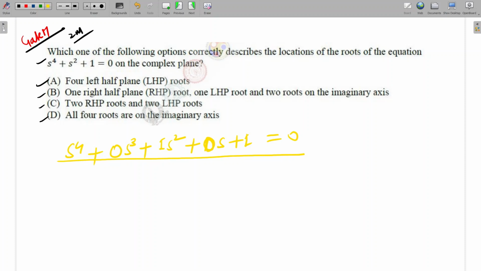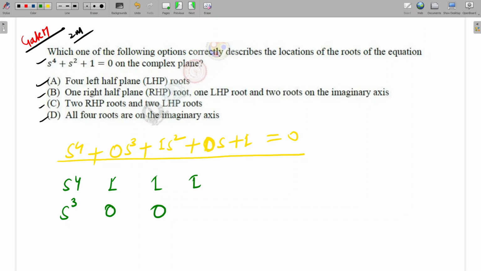Based on this only we can find the correct option. I am also solving, you can also solve. So s to the power 4, coefficients are 1, 1 and 1, correct? S to the power 3, what are the coefficients? 0 and 0, correct?